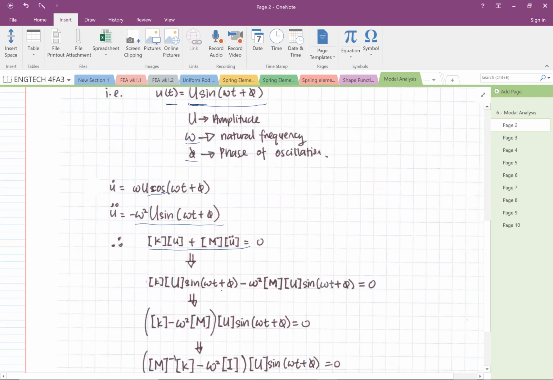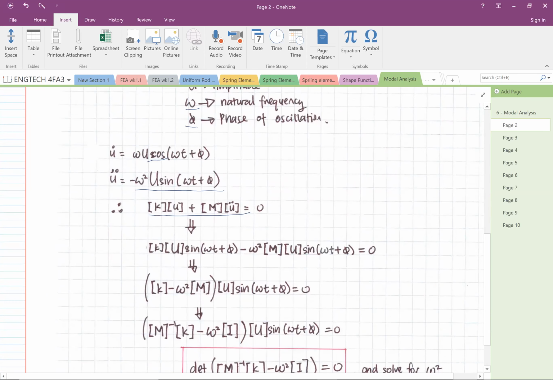Then we isolate sine out of the expression, and we have k minus omega squared times the mass matrix, times these terms, equal to 0.